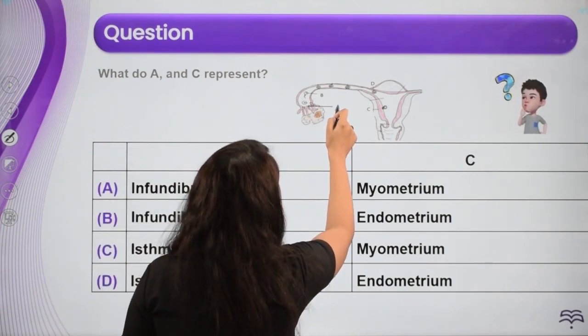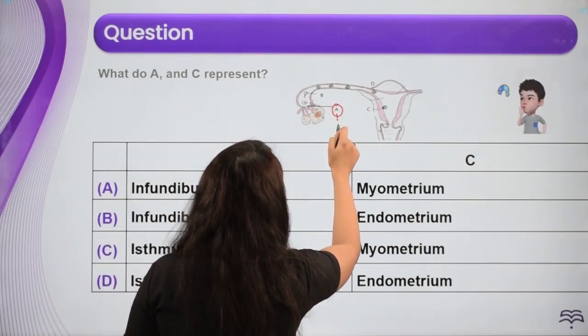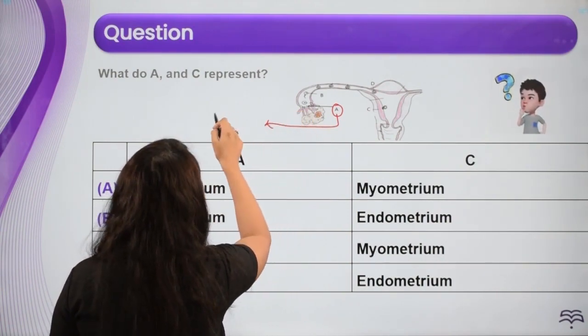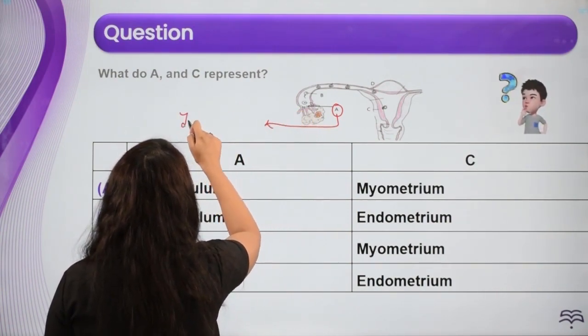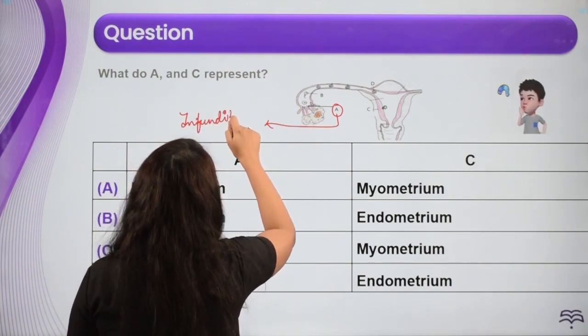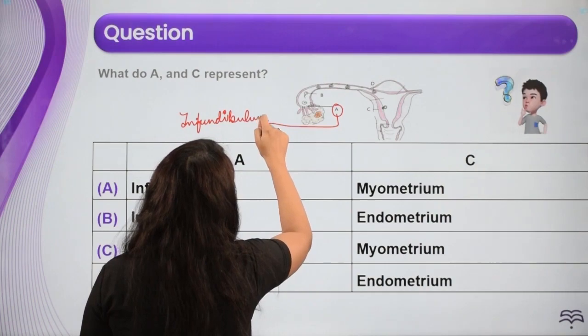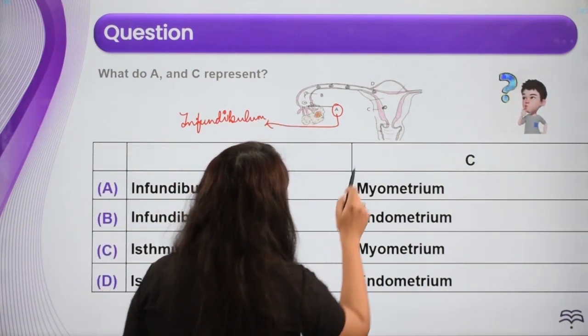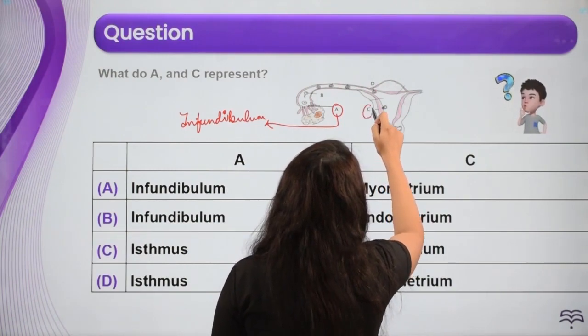A is pointing towards the closest part of the oviduct to the ovary. So this part will be the infundibulum. Now what is asked next? C is asked. C is this one.